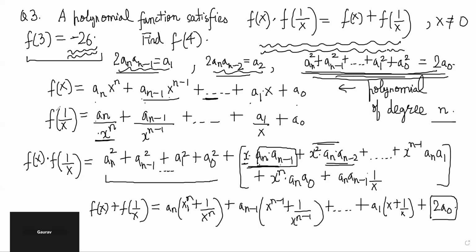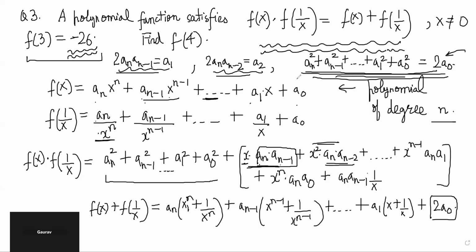Okay, so if you try it out for a cubic polynomial, for example, then you will get equations which are less complicated and then you can guess what is happening there. So right now, even though we have written the general equation, it is not easy to solve it.